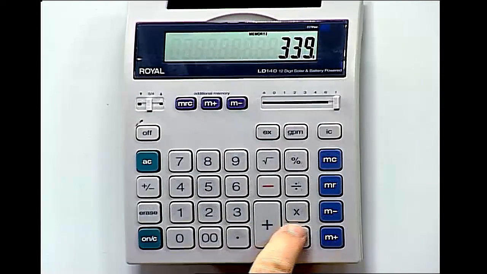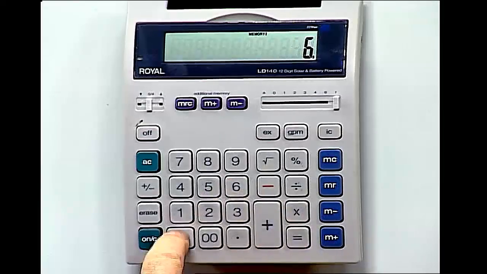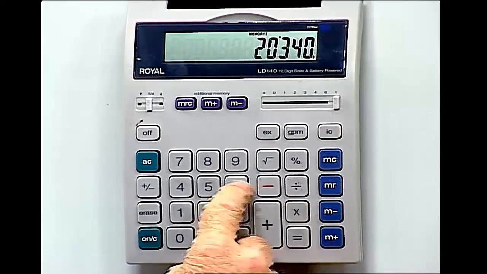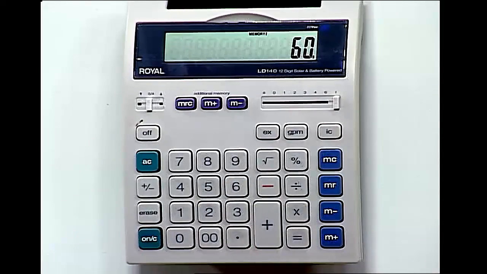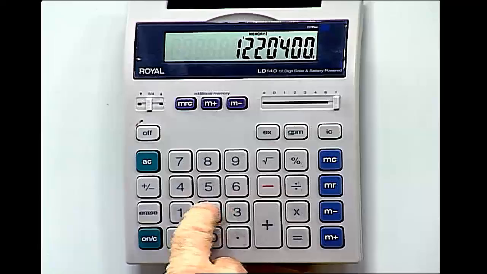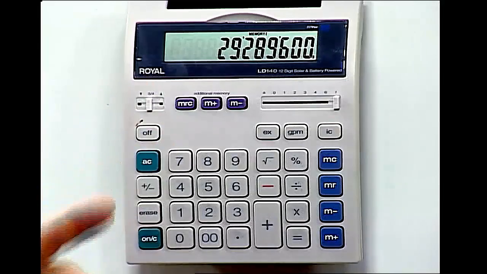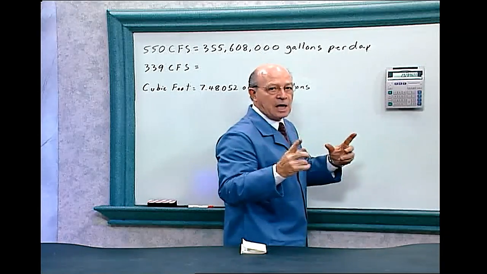We've got to multiply that by 60 to get our minutes. We multiply that again by 60 to get our hours. And there's 24 hours in a day, so we multiply that by 24. And that will give us how many cubic feet flowed in that spring for that one day.